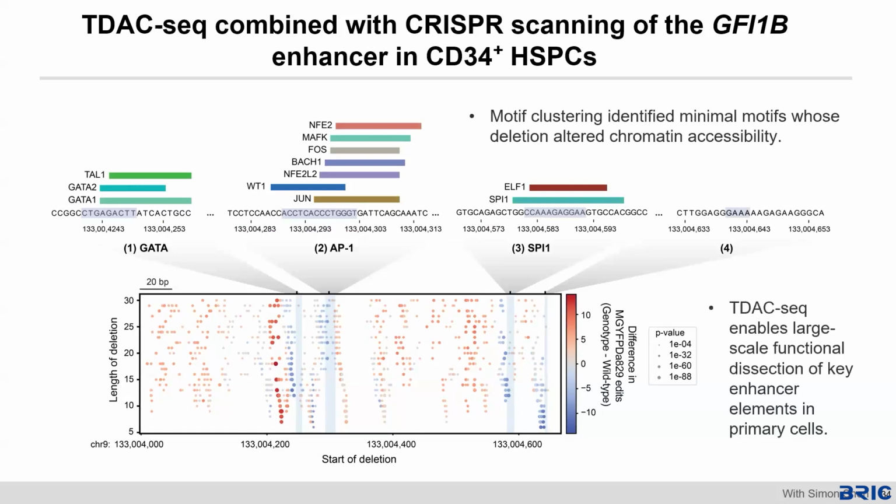Altogether, these results demonstrate that TDAC enables large-scale functional dissection of key enhancer elements in primary cells. And I want to emphasize that the scale and resolution of data shown here are uniquely enabled by TDAC due to its compatibility with PCR and not attainable with other long-read sequencing methods.